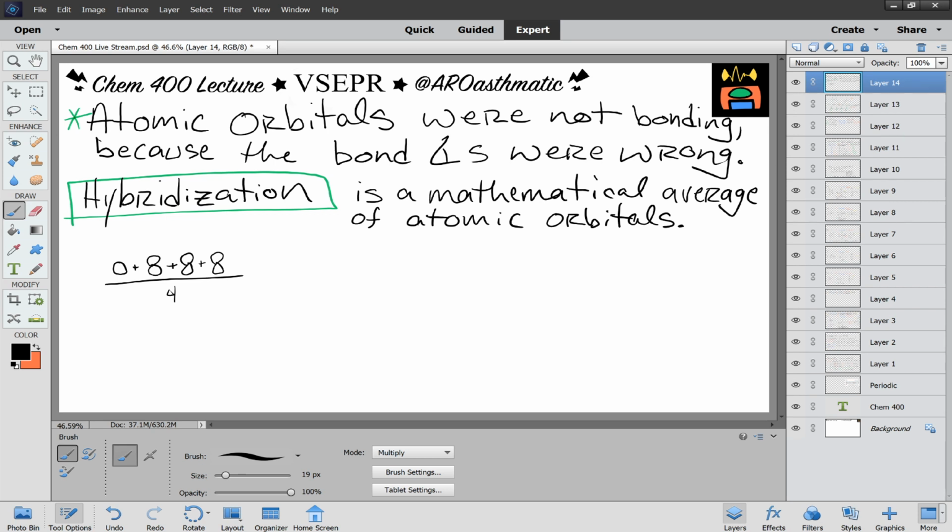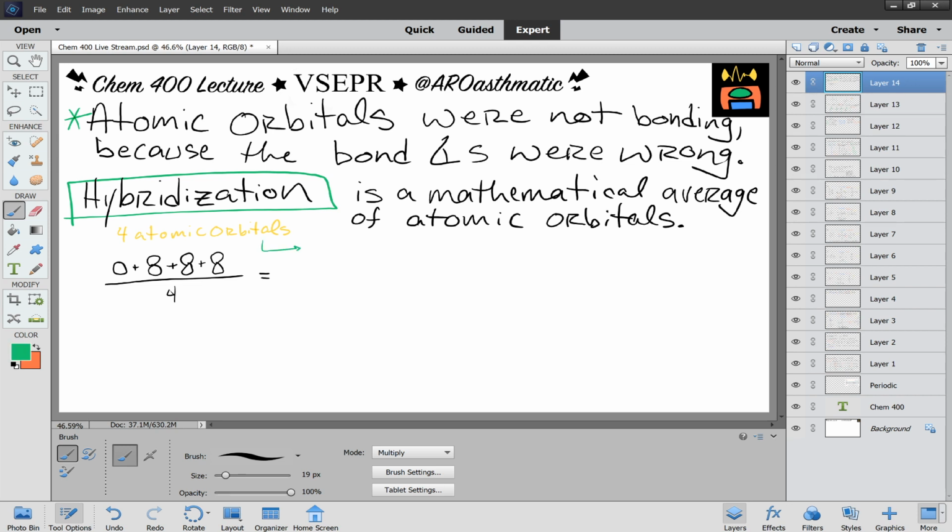So here we have 4 atomic orbitals and when you combine these mathematically, you get 4 hybrid orbitals out the other end.